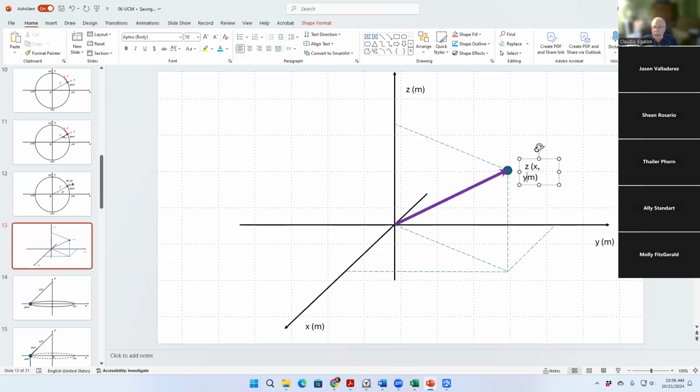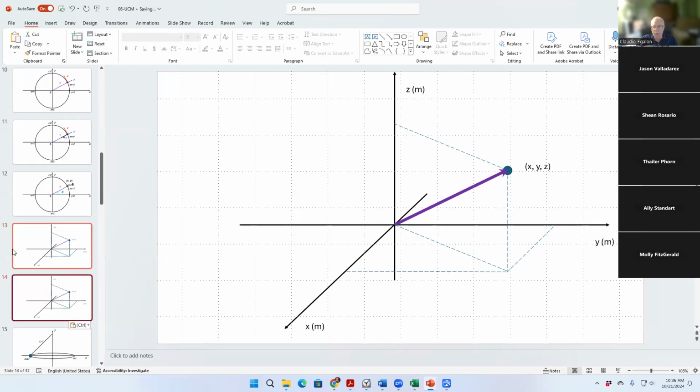X, y, and z, right? But we also have the cylindrical coordinate system that's going to denote my coordinate.